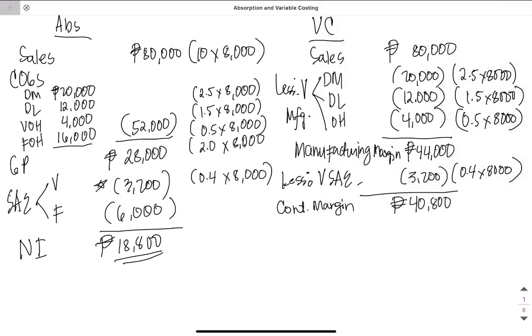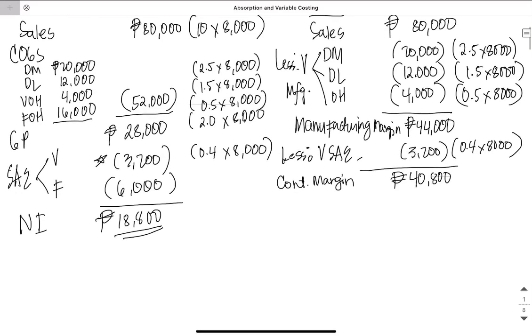So what else do we need to deduct? From the contribution margin, we need to deduct the fixed cost. However, it is composed of two: manufacturing and period cost, or the selling and admin expense. For manufacturing, what have you learned last time?